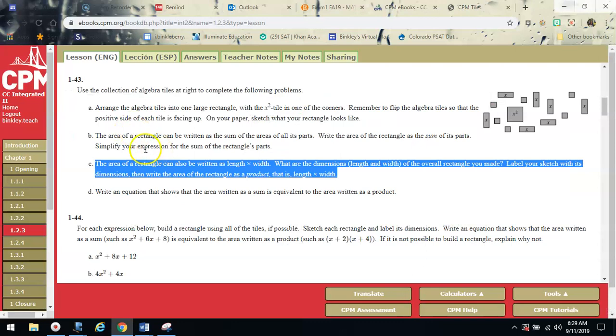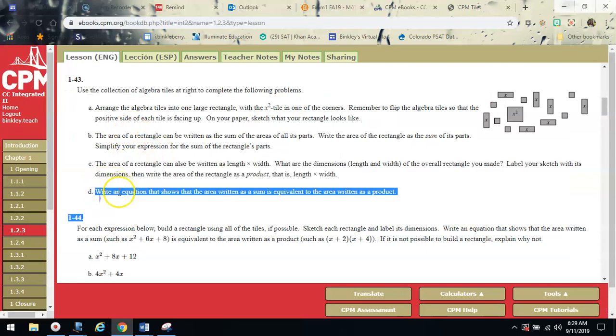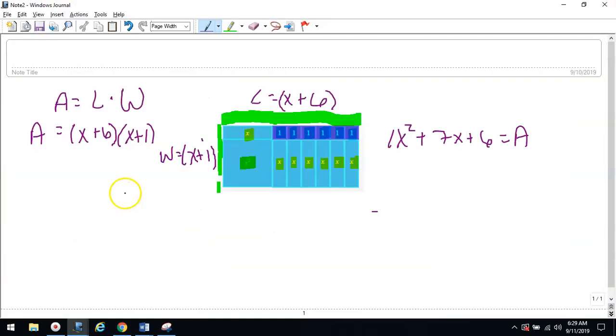So I think what's next, it says, and this is important because this is what the question on the test is going to ask you. Write an equation that shows the area written as a sum is equivalent to the area written as a product. So it literally just wants us to write our first area, x squared.